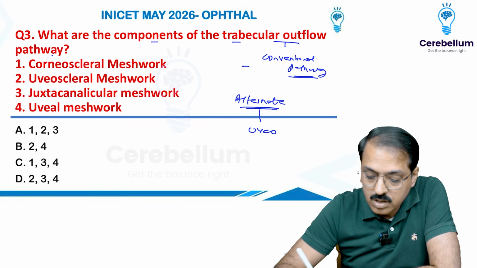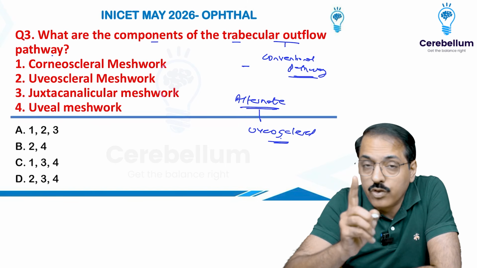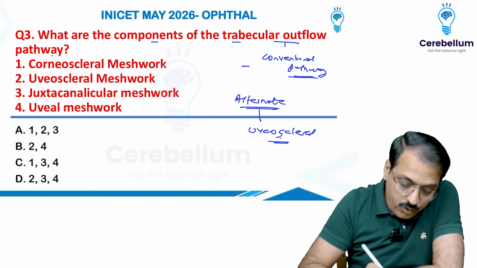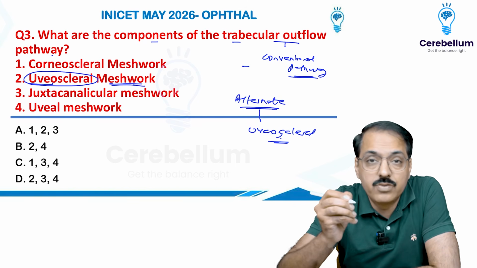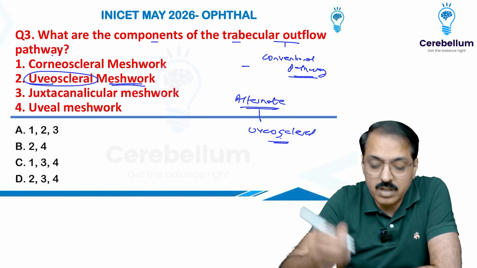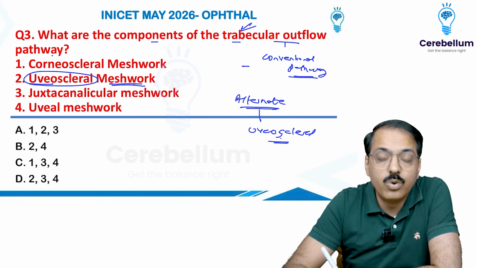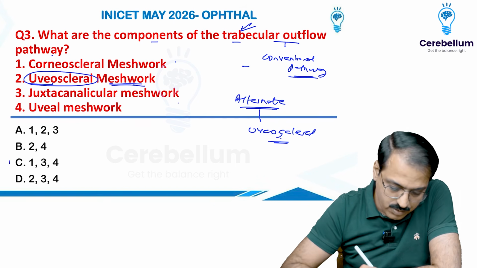This is the uveoscleral pathway. The prostaglandins act on the uveoscleral route. So even if they had given the meshwork as a confusing point, uveoscleral is not a part of the trabecular outflow. Okay, rest all are the part. So the correct answer is 1, 3 and 4.